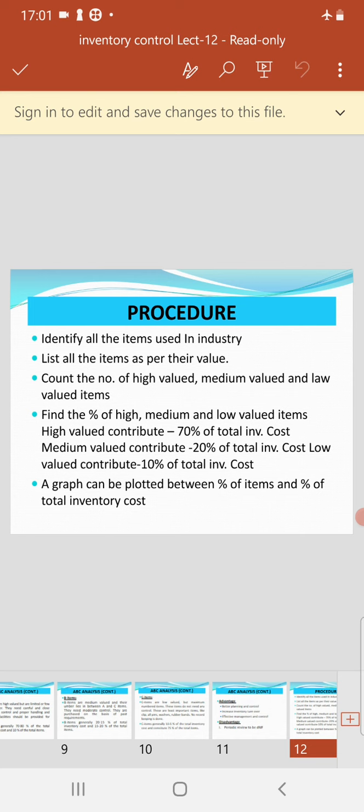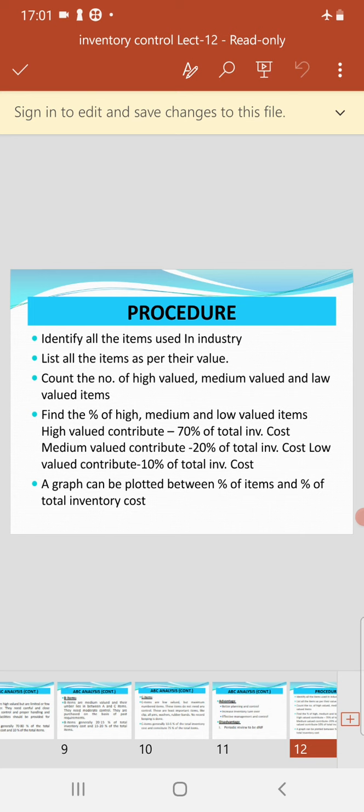A graph can be plotted between percentage of items and percentage of total inventory cost, from which one can analyze various types of items and how to maintain the inventories, where you have to focus more for proper management of inventory.